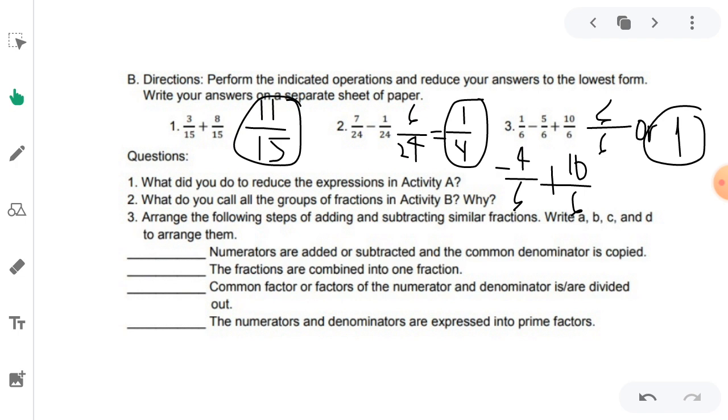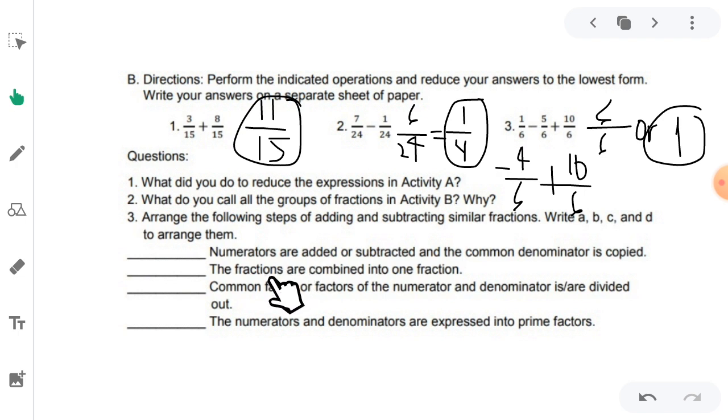Numerators are added or subtracted and the common denominator is copied. The fractions are combined into one fraction. Common factor or factors of the numerator and denominator is or are divided out. Or the numerators and denominators are expressed into prime factors. So, what do we do first?